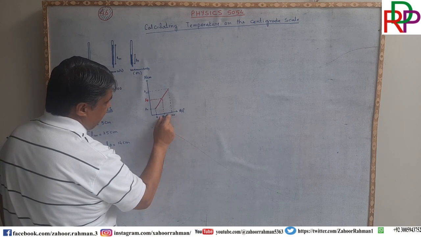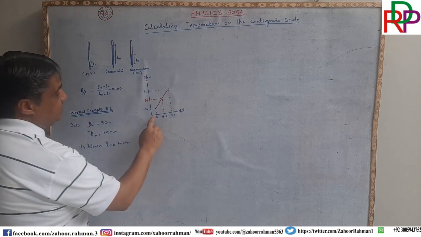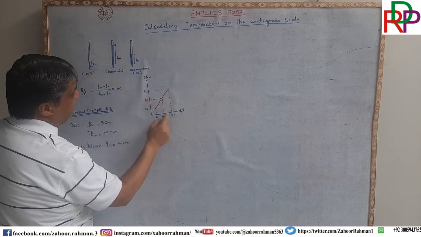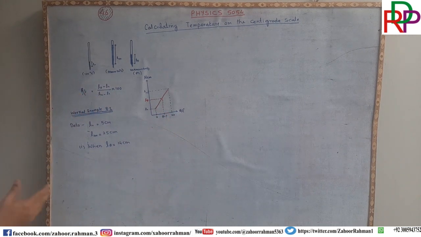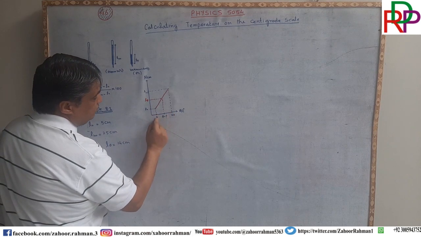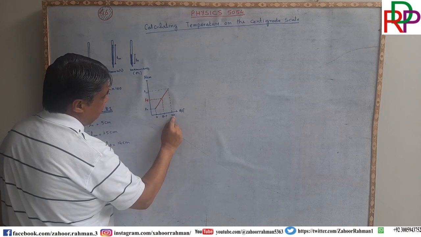Don't consider this theta yet; I will discuss it in a moment. So this is the 0 point and this is the 100. Different graduation marks are there, but we only denoted 0 and 100.